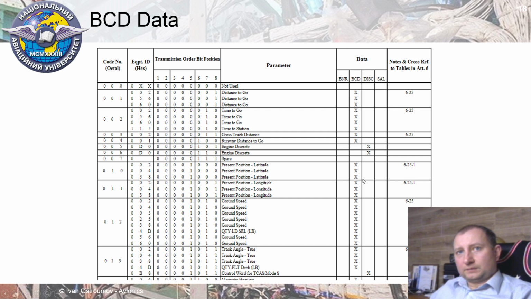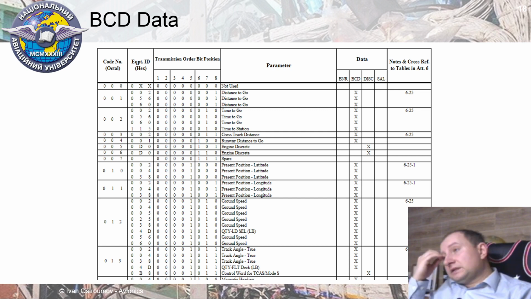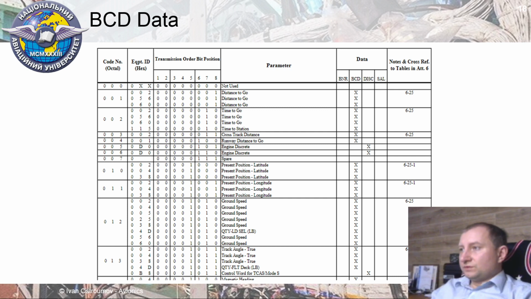And also there are 3 different types of equipment that can transfer this data. Data could be identical, however it can be issued by different equipment, because you know that on board we have a GNSS receiver, thus it can be generated by the GNSS receiver, mostly GPS.